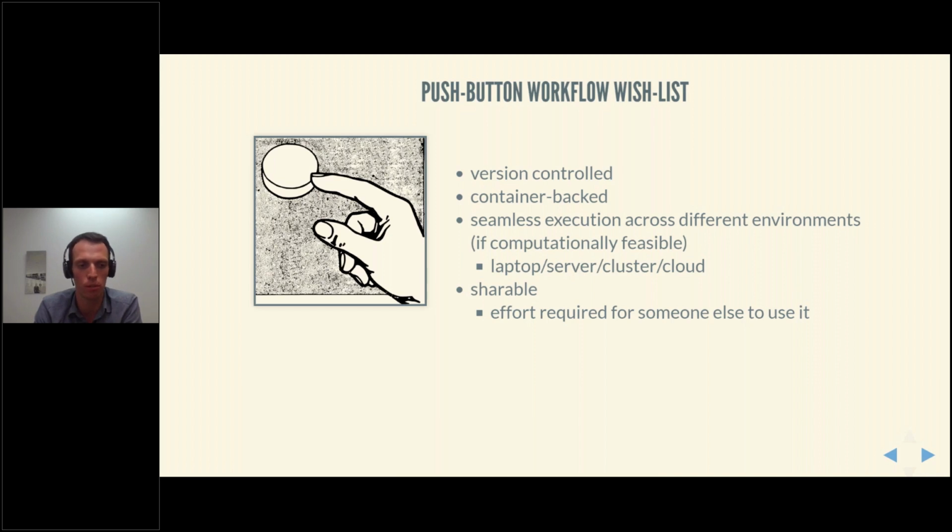We also want to capture the software environment, and one of the best ways of doing that at the moment is to have that captured in containers. And also, it would be really good to be able to run our workflows across different compute environments. Finally, we want to be able to share our tools and workflows with others, whether in our teams or with the broader community.